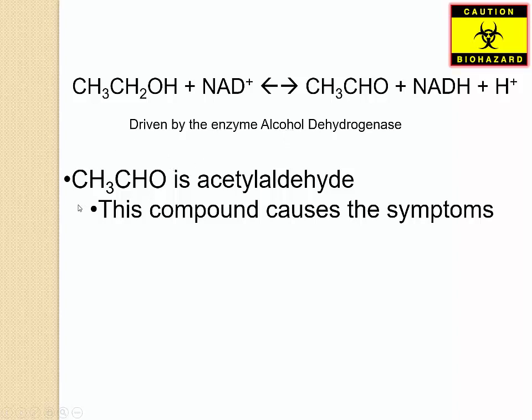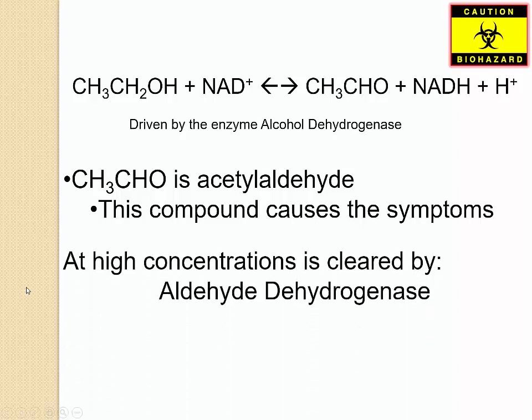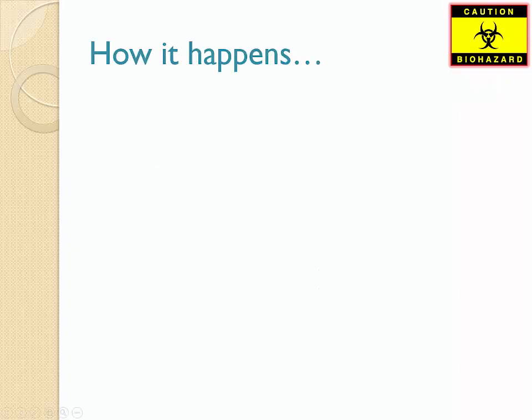However, we have the acetaldehyde. This material must be cleared. So this material, acetaldehyde, is cleared by aldehyde dehydrogenase. And since that's a dehydrogenase, you can almost guess what that reaction is going to look like. It should involve the acetaldehyde and some form of electron carrier.